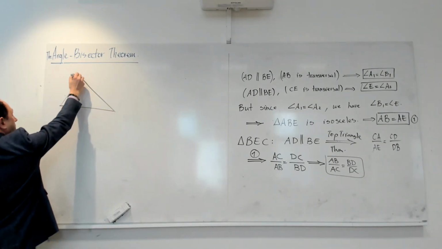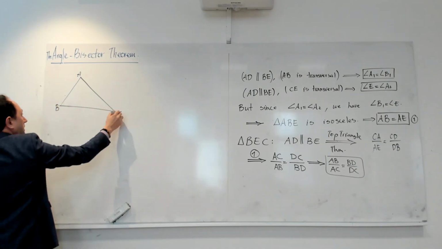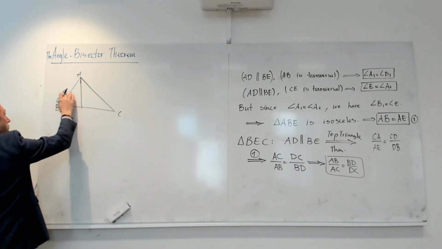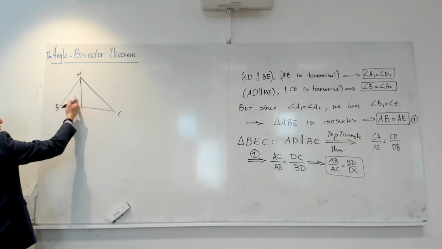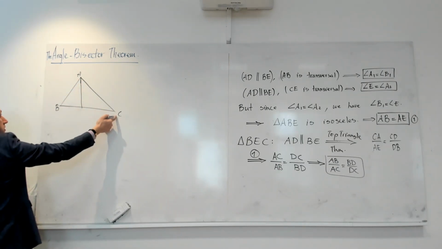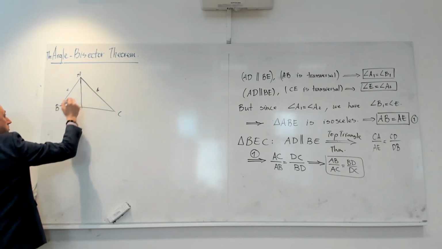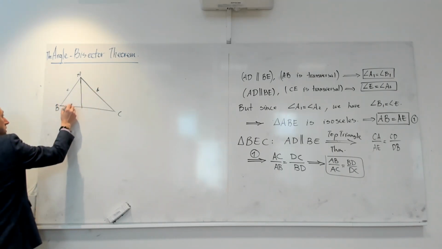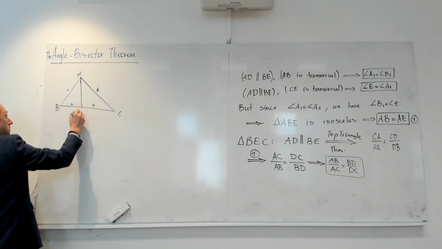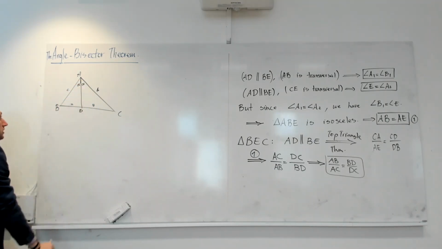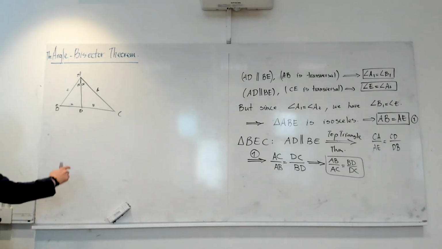So if I have this ABC and I draw this angle bisector, usually in geometry I told you that the length of the opposite side to C is denoted by little c, and this one is little b, okay? And let me call this one x, let me call this one y, this is D, so this angle is alpha, this angle is also alpha. So I think it's good to remember this shape.